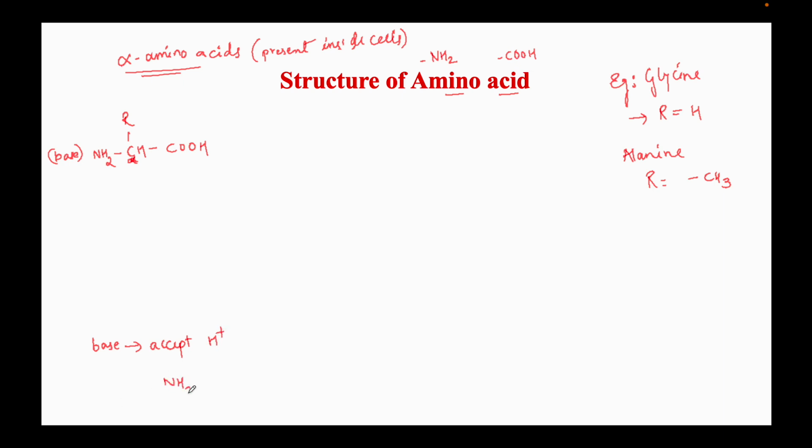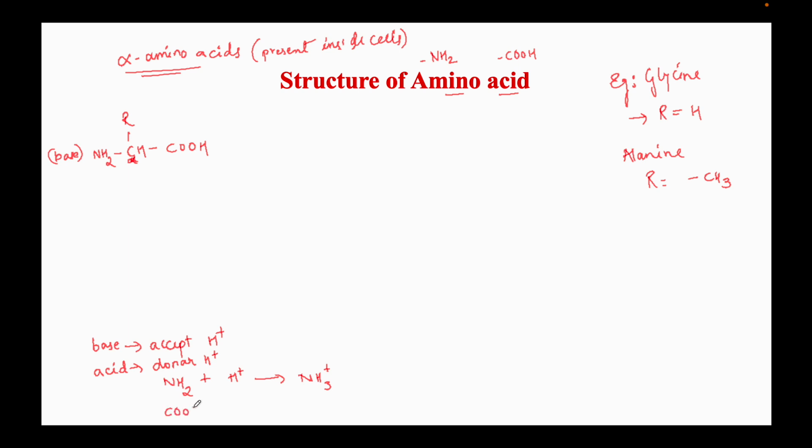So when the amino group accepts an H plus proton, we have NH3 plus, right? So the amino group is a base. And what is an acid? An acid is a proton donor, right? Simple.